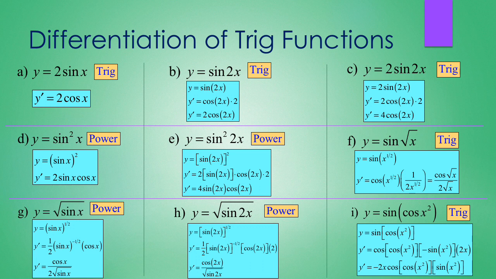The derivative of cosine of x squared is negative sine of x squared times the derivative of x squared, which is 2x. So putting it all together, our derivative is negative 2x cosine of cosine of x squared times the sine of x squared.